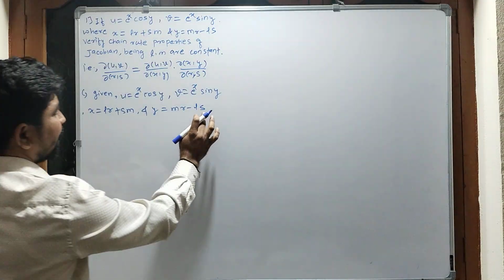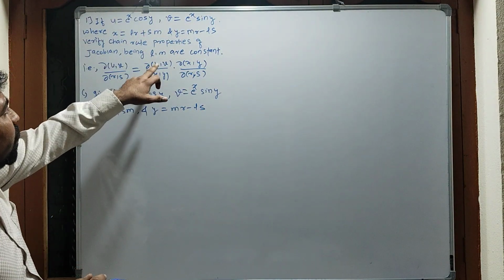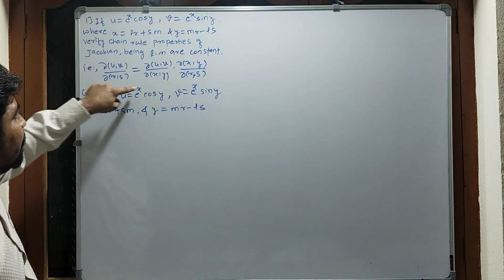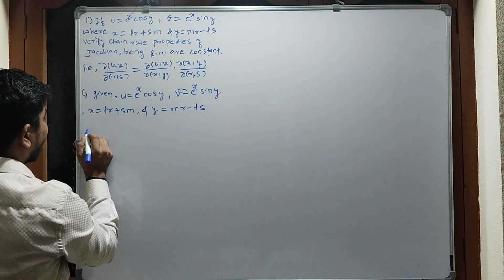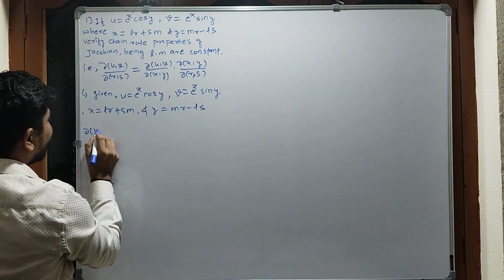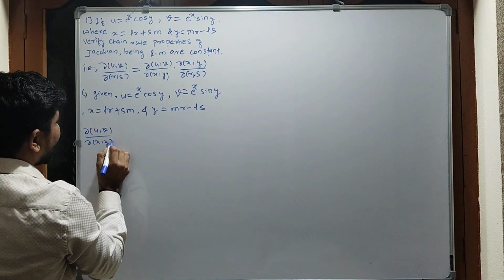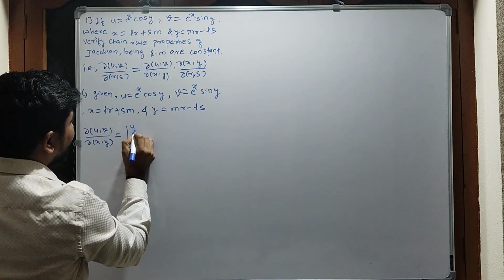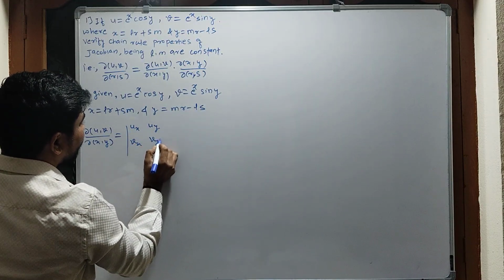This is the given information. So first I will find the Jacobian of u comma v with respect to x comma y. u is a function of x and y, v is a function of x and y. So that is the determinant with entries u x, u y, v x and v y.